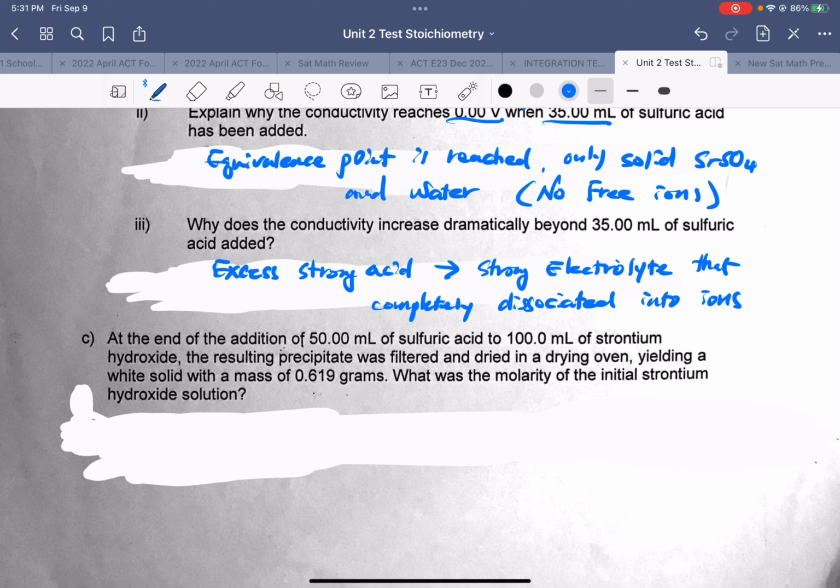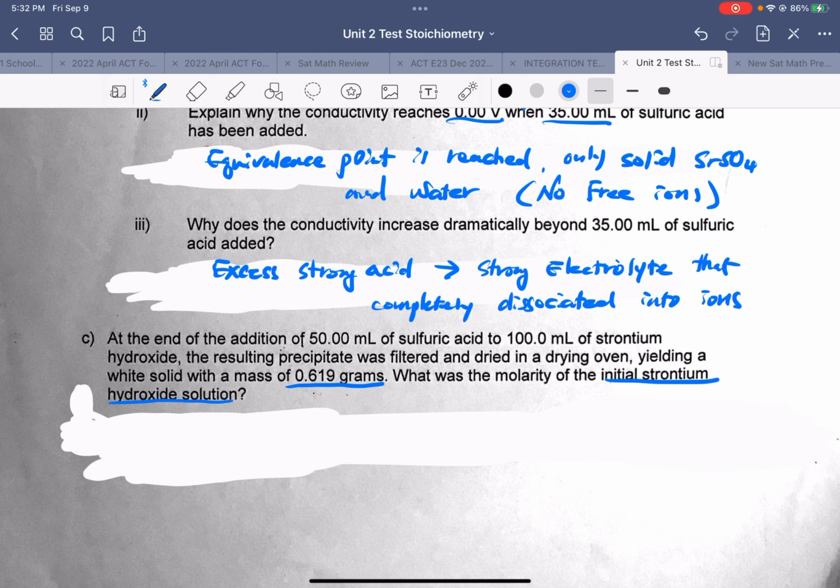Now part C, the last one here. At the end of the addition of 50 milliliters of sulfuric acid to 100 milliliters of strontium hydroxide, the resulting precipitate was filtered and dried in the drying oven, yielding a white solid. The mass of the precipitate is 0.619 grams. What was the molarity of the initial strontium hydroxide solution?